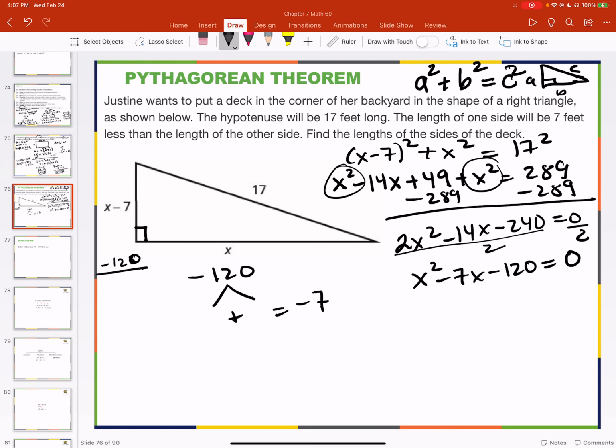So that's, let's see, 12 and 10. But we know that one has to be positive and one has to be negative, right? We have 20 and 6. We have, what else? 30 and 4, 40 and, let's see, how about 5? 120 divided by 5 gives you 24. Nope.